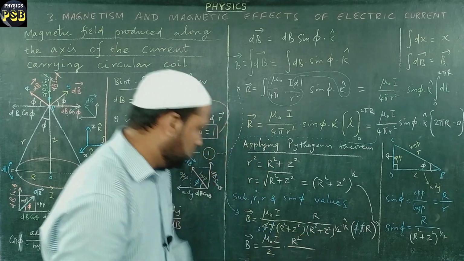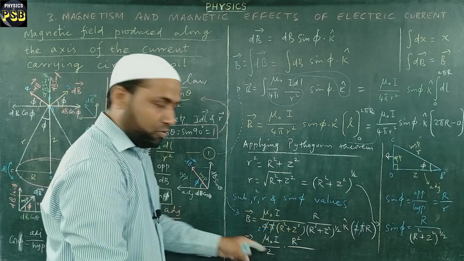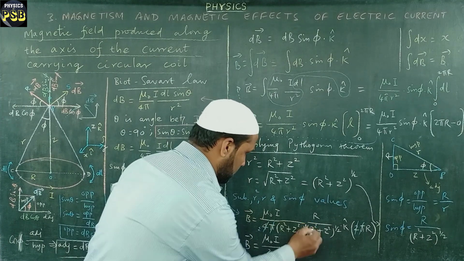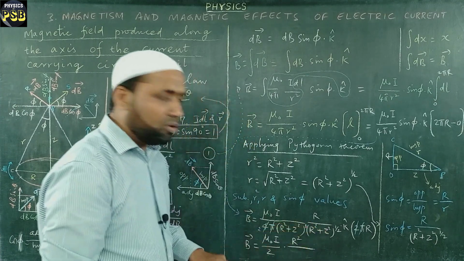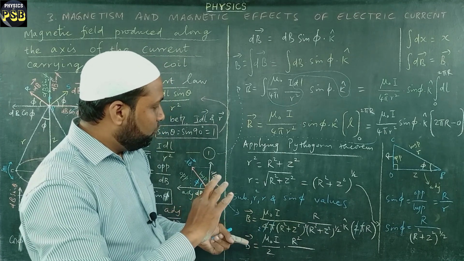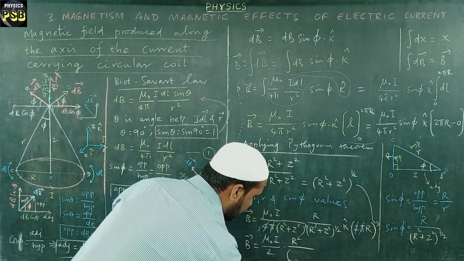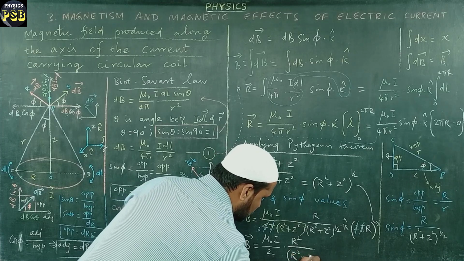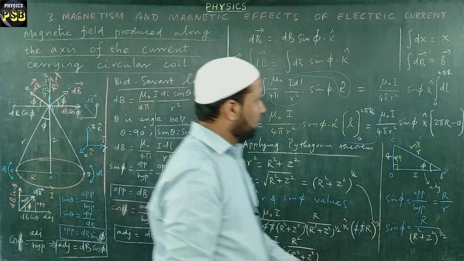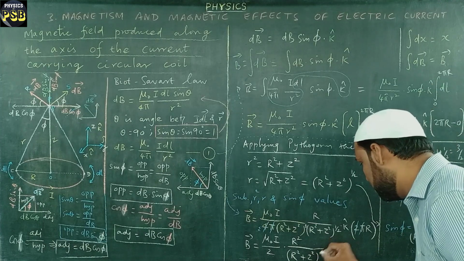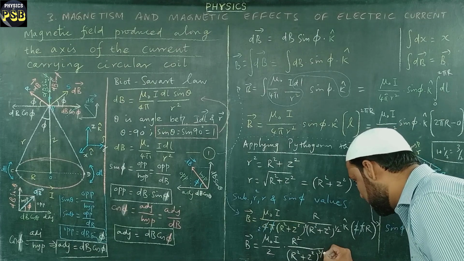In the denominator, when I multiply these two with different powers, we add the powers. What I get is R square plus z square, and when I add 1 with half, I get 3 by 2. So power 3 by 2 here, K cap.